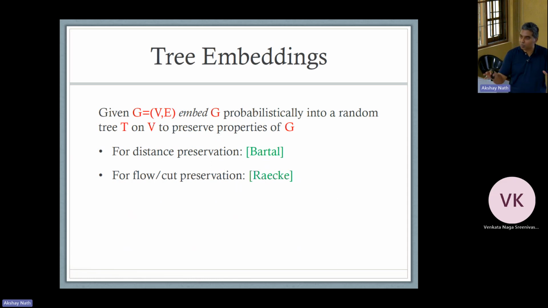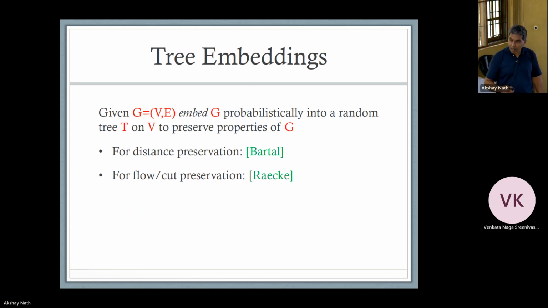Many of you know it, but if you don't know about them, there is this methodology in algorithms and graph theory with many applications: how do you take a graph and embed it or approximate it by some distribution of trees. There are two fundamental results that are very important in algorithms.